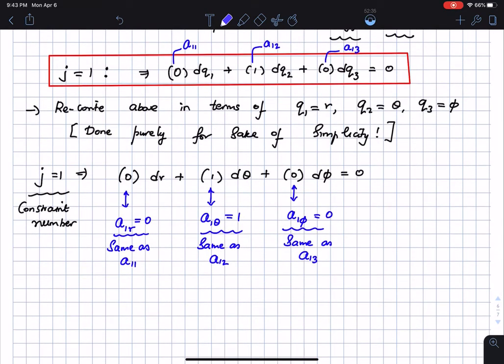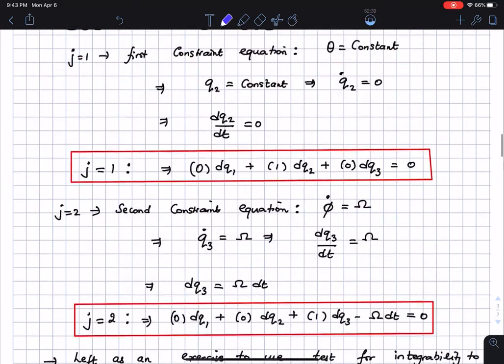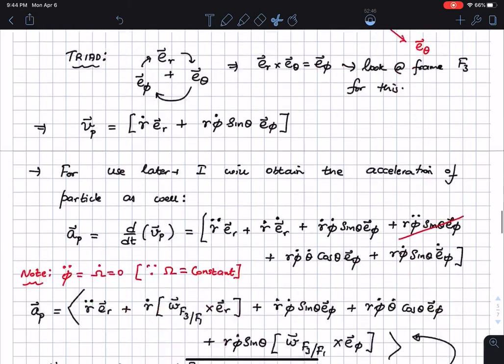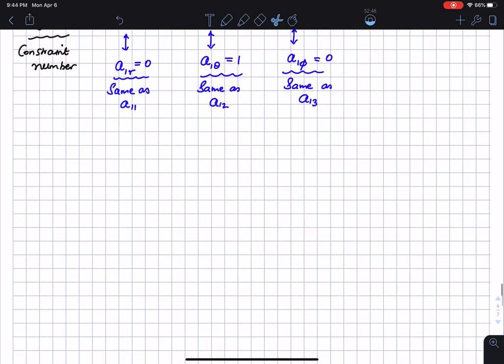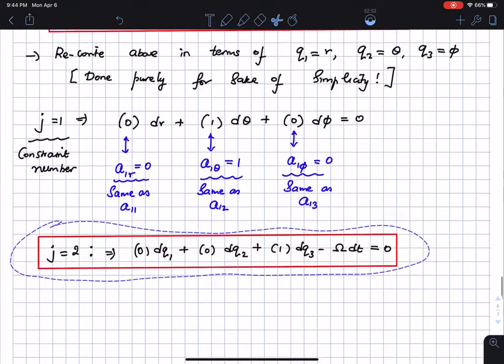Then I do the same thing for the second constraint as well. I'm just going to bring the constraint down from the previous location where it was written. So this is the second constraint for me.